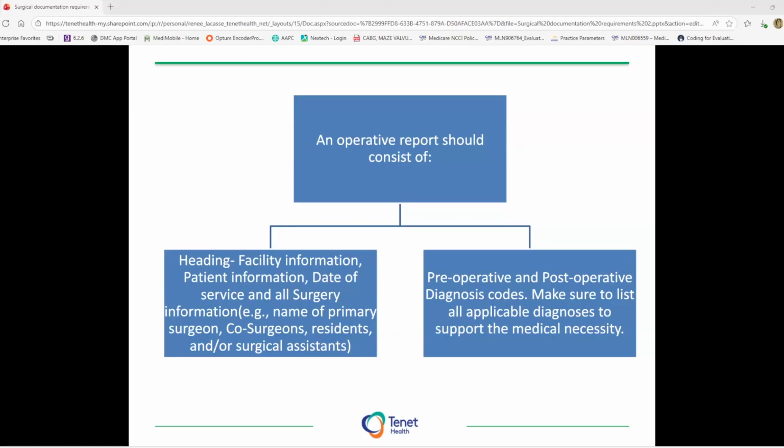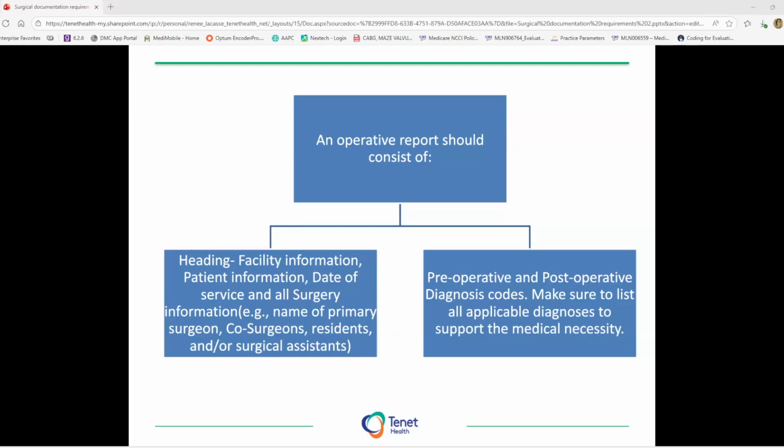And when we are documenting the surgical assist, if there is more than one, we want to make sure we are labeling them as the first assist, second assist, because most of your procedures, when you are billed, only allow for one assist. So the first assist is going to be the one that we would include to bill for those assist charges.